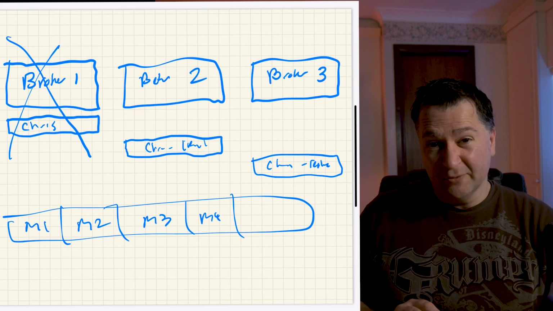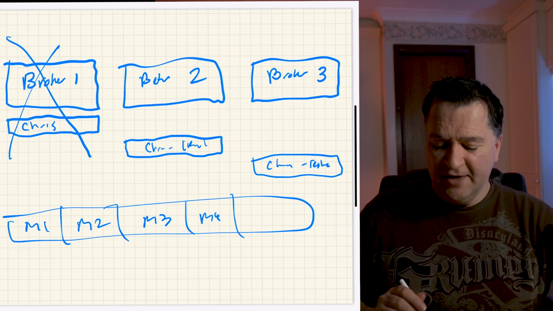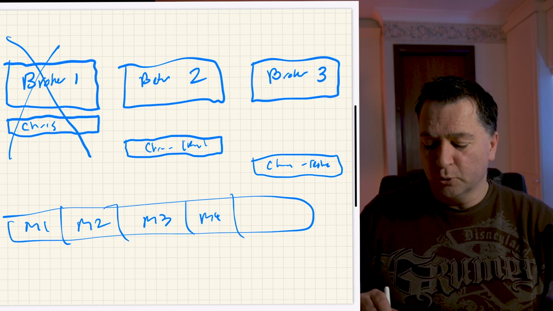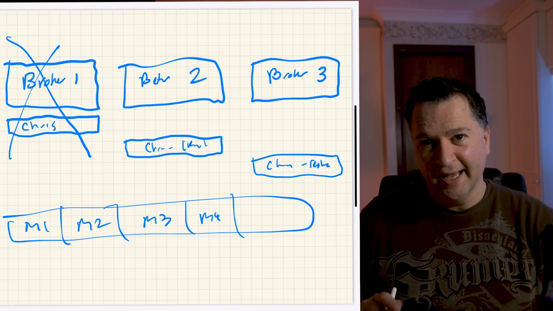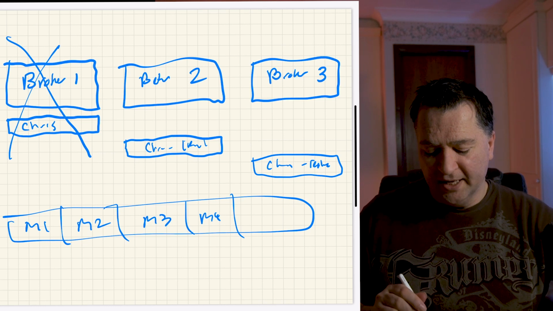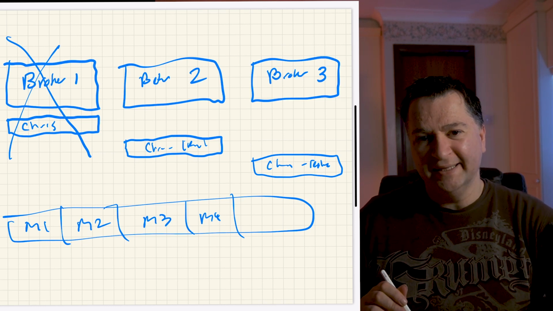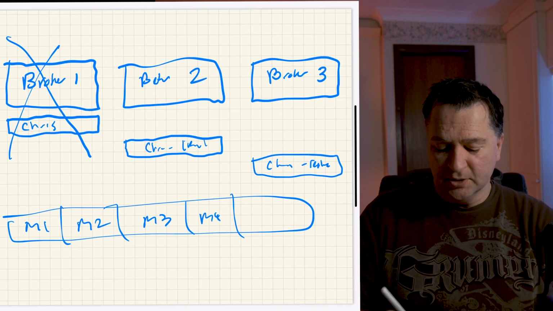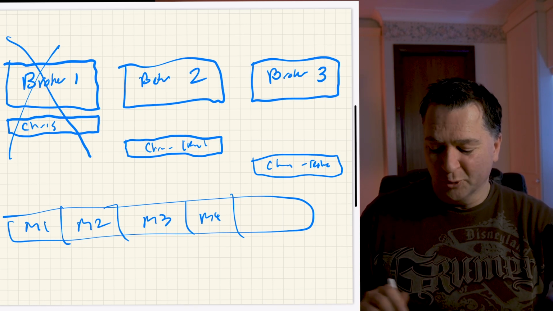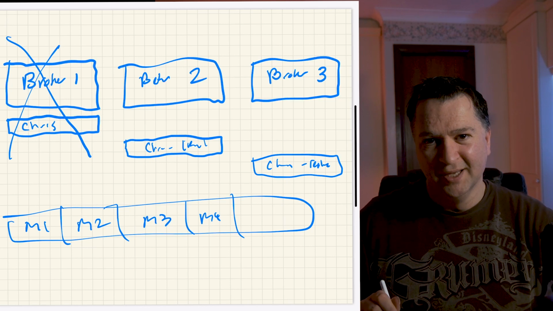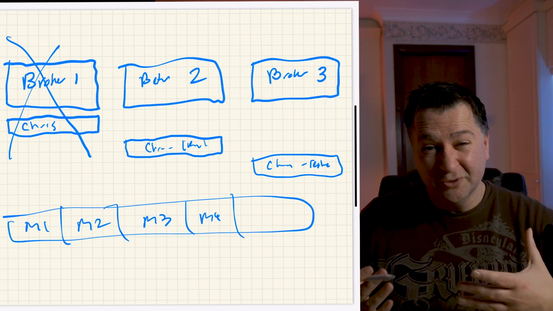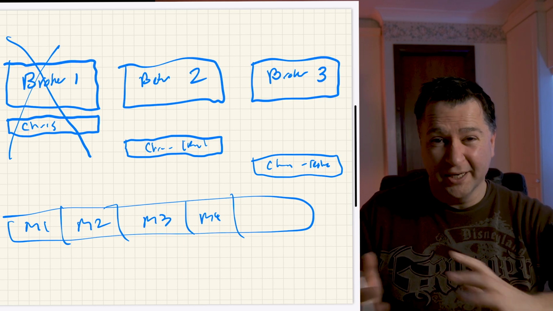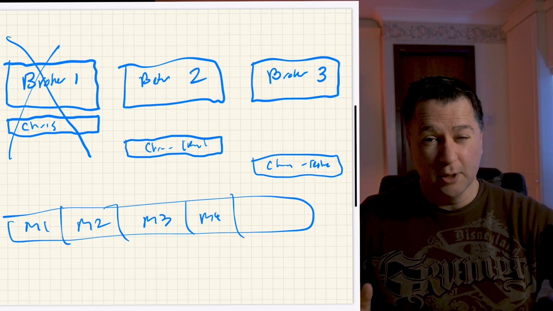Now, if I allowed writing on broker 2, broker 3, and broker 1 in parallel, then I wouldn't be able to maintain the ordering of these messages. I could write M1 to broker 1, M2 to broker 3, and M3 to broker 2.